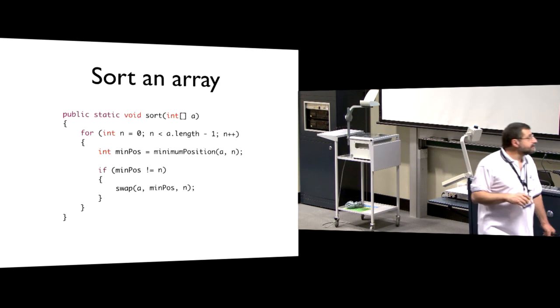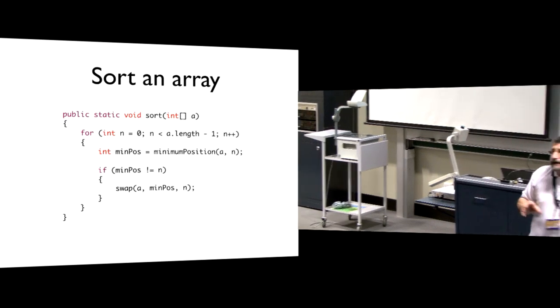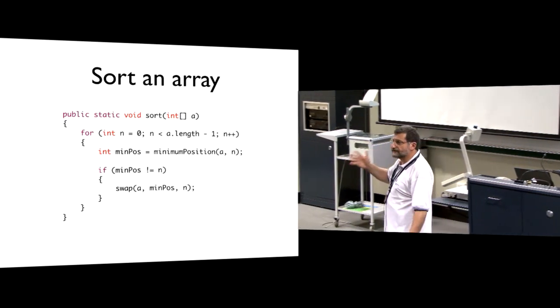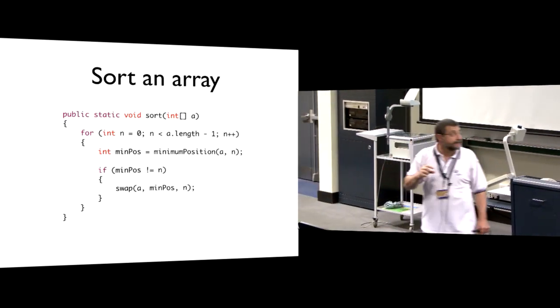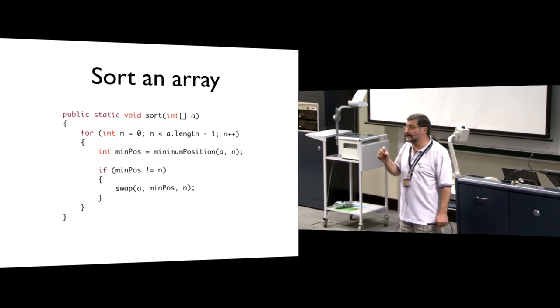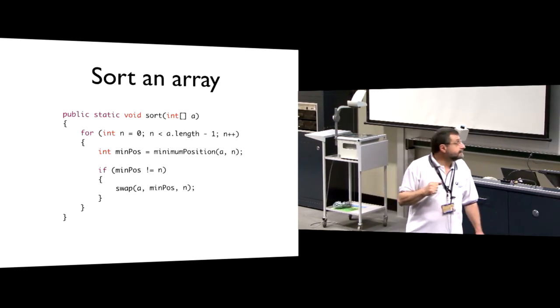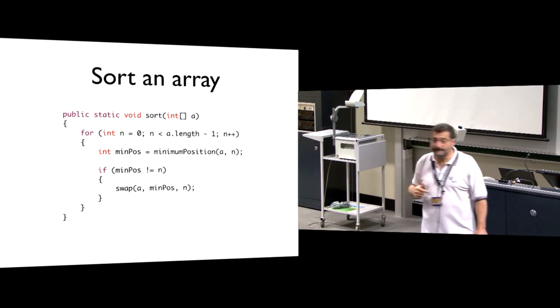Okay? So it's pretty good programming style to try to decompose a more complex algorithm into small pieces. It generally makes it easier for you to think about what's going on when you're designing it, and it also makes the code more reusable.